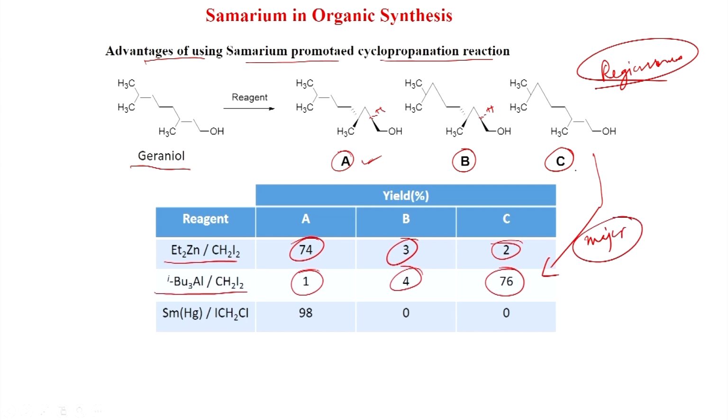This is interesting. And now, samarium mercury, ICH2Cl, whatever we are studying today, there you get 98% of this one, and these two are 0. So, this means highly selective.